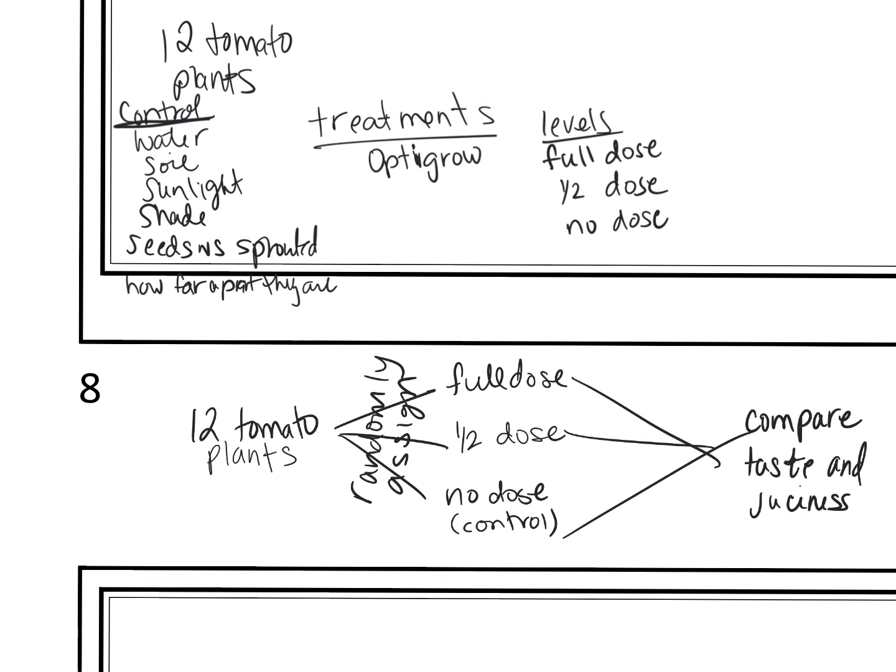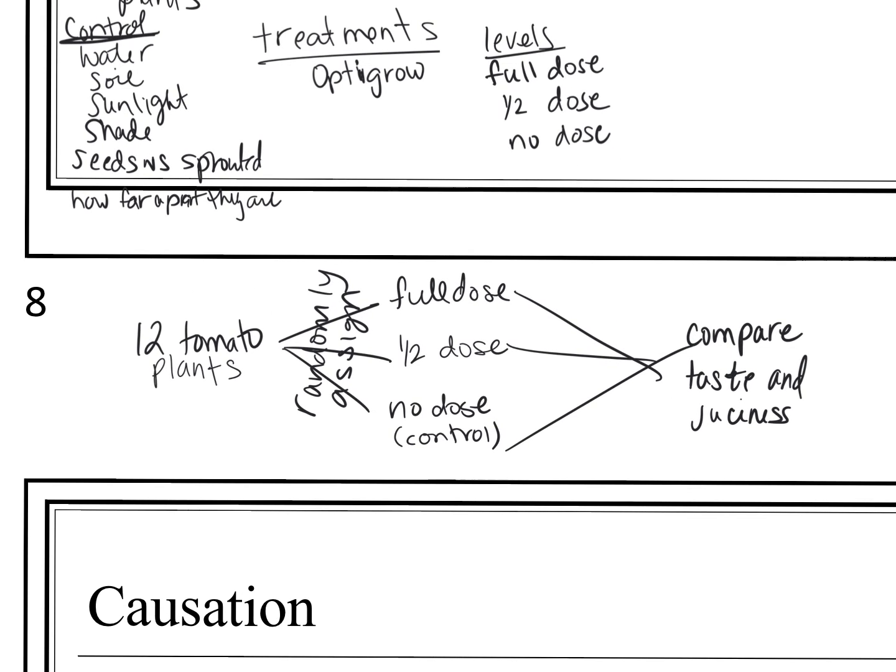Now, where would blinding come into play here? Not knowing which is which, right? Who needs to be blinded? Did the tomato plants need to be blinded? No. The tasters, right?